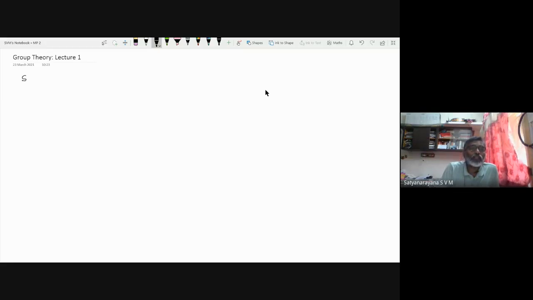Okay, so the words which are very closely related are symmetry, and of course there is some kind of a set that is used, and then you have words like invariance and conservation.